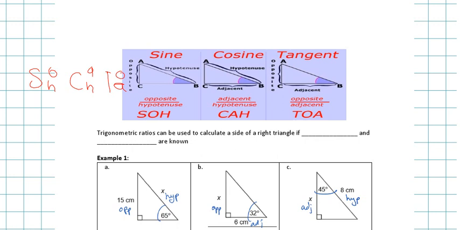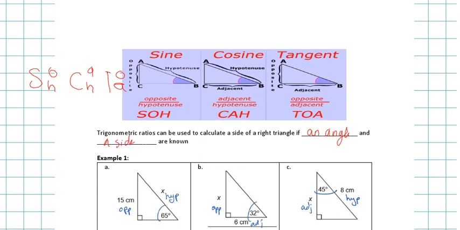All right. So a trigonometric ratio can be used to calculate a side of a right triangle if an angle and a side are known.